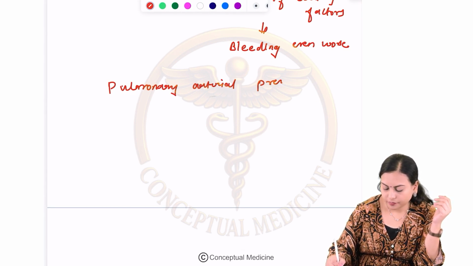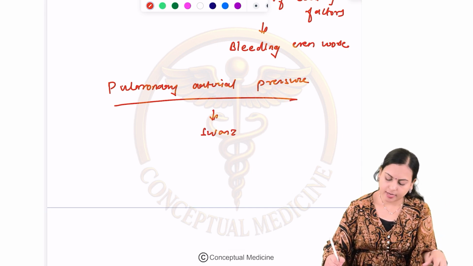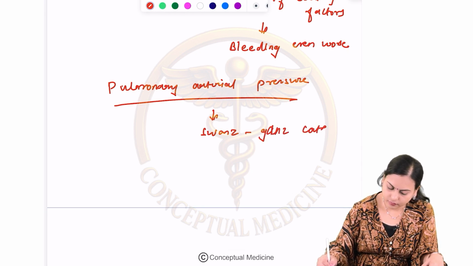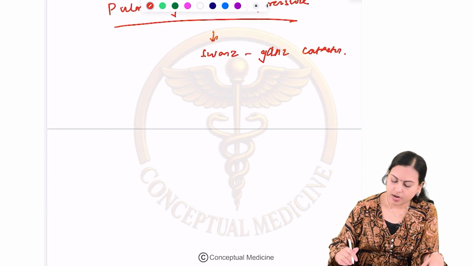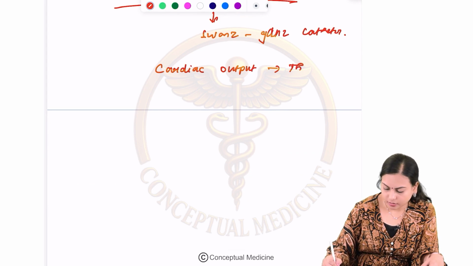You have to check pulmonary arterial pressures by using catheters like the Swan-Ganz catheter, and cardiac output can be measured by thermodilution.